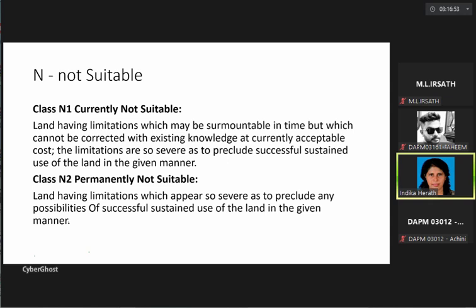So you can't do it in the current situation, but there is a possibility that you can alter it. The best example is if the land does not have enough depth. This is classified under N1, not suitable.